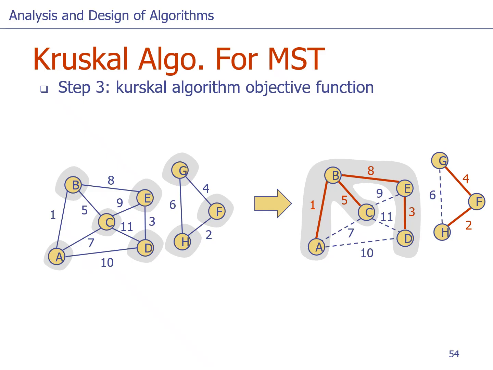Had it picked 2 and 6, the total would have been 8, which is more than 4 and 2. Had it picked 4 and 6, the total would have been 10. So it picked 2 and 4 to be able to reach all the vertices, but with the lowest cost possible on the edges.